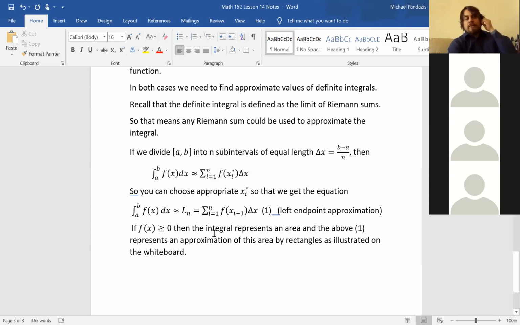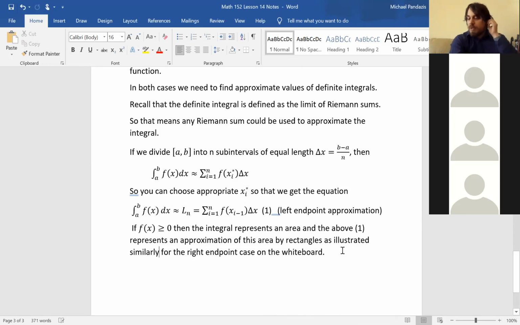When I drew those rectangles, that's an example of the right endpoint approximation. As illustrated similarly for the right endpoint case on the whiteboard.